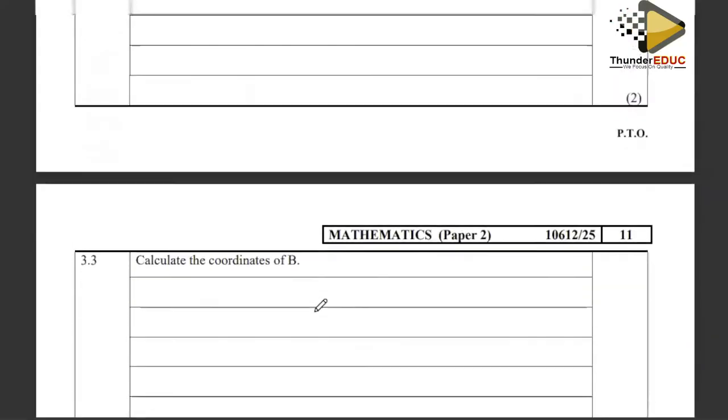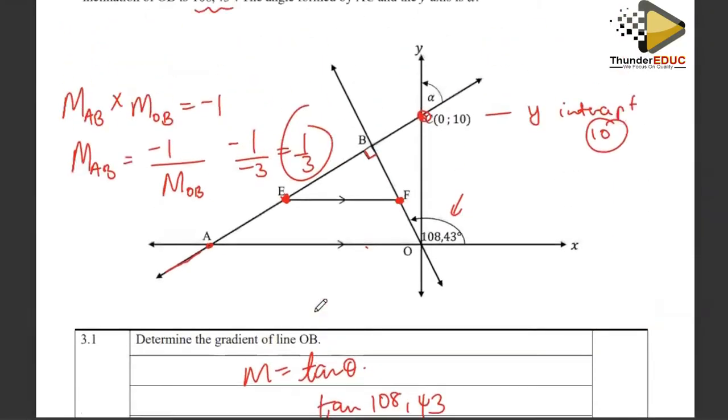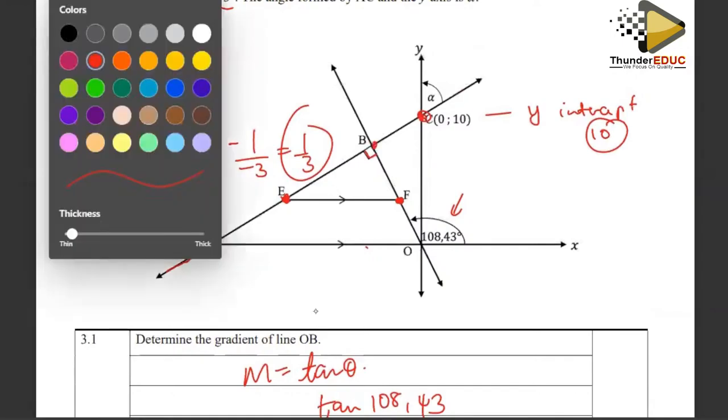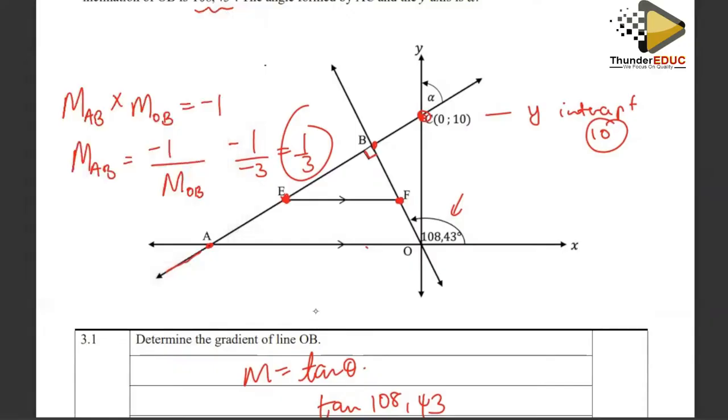Then calculate the coordinates of B. B is the point where the two lines are intersecting, and at this point the two lines are equal to each other. We have the equation 1/3 x plus 10, and for OB we got the gradient as negative 3, but the y-intercept is 0.